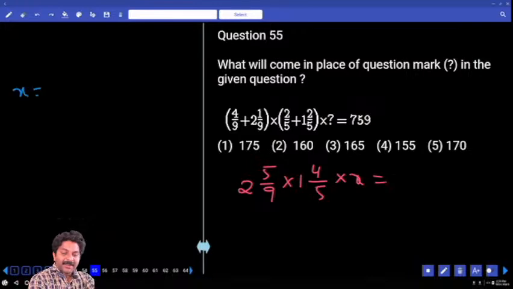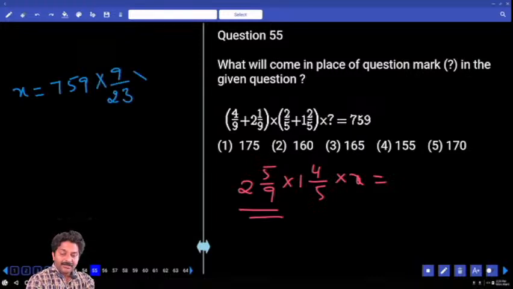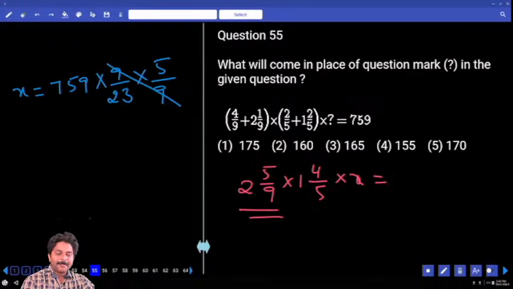Then x is equal to, right hand side already we have 759. 2 5 by 9, simplified value 23 by 9 goes to right hand side, becomes into 9 by 23 into 1 4 by 5, 9 by 5 goes to right hand side, 5 gets cancelled here. Answer must end with 5 only. Yes, right, answer must end with 5. These options already cancelled. Agreed?